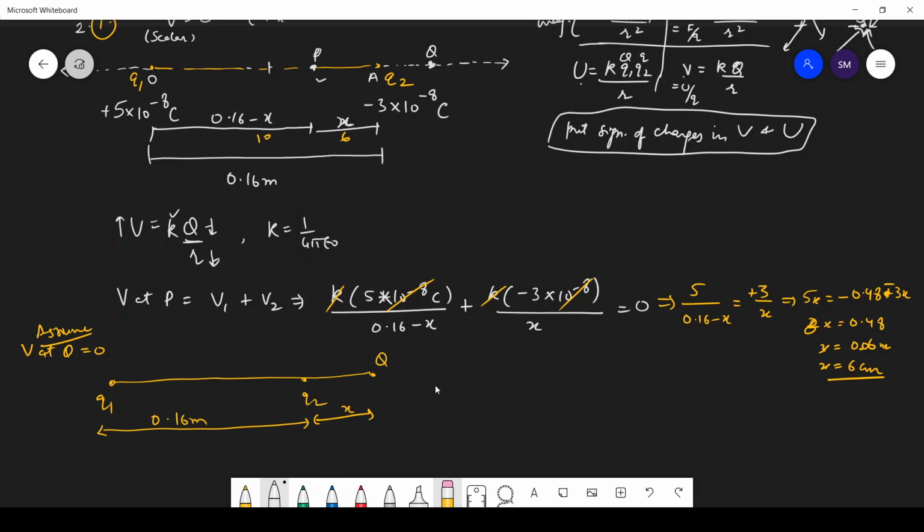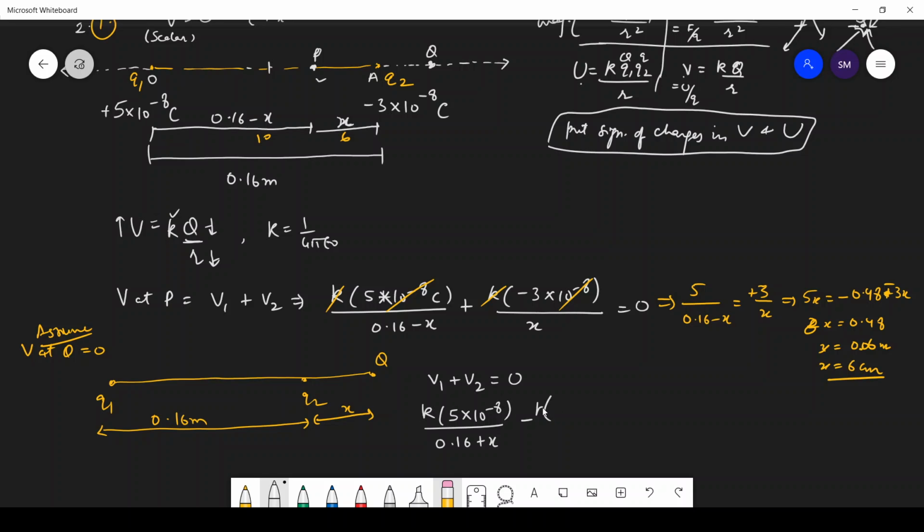So the potential at Q is 0, so that will be equal to V1 plus V2. So V1 plus V2 is equal to 0. That's the potential at Q. So what is V1? V1 equals K into 5 into 10 raised to the power minus 8 divided by how much is this distance? This distance is now 0.16 plus x, minus Q2.